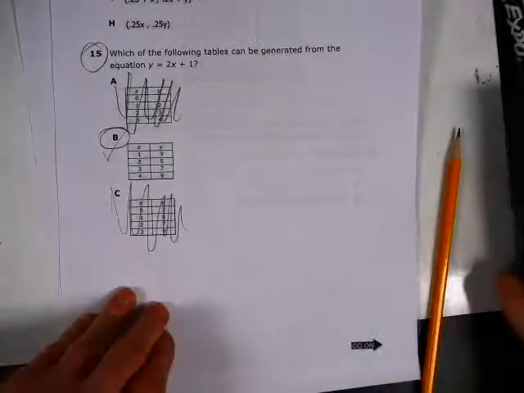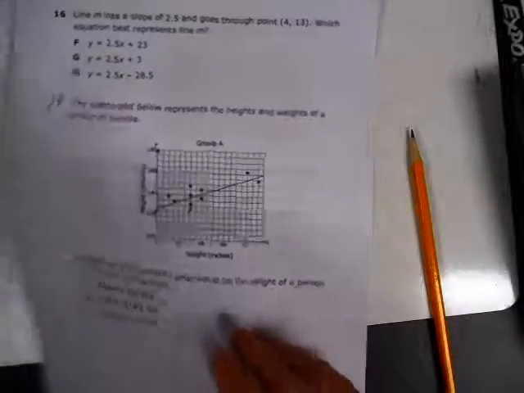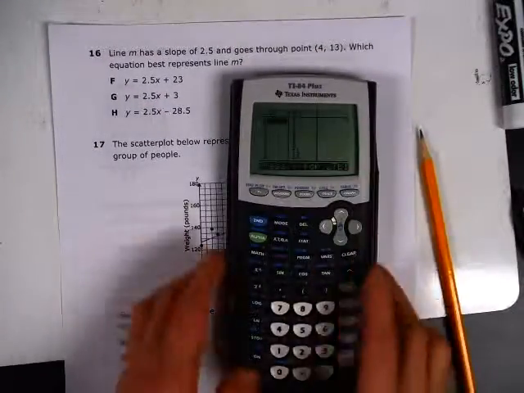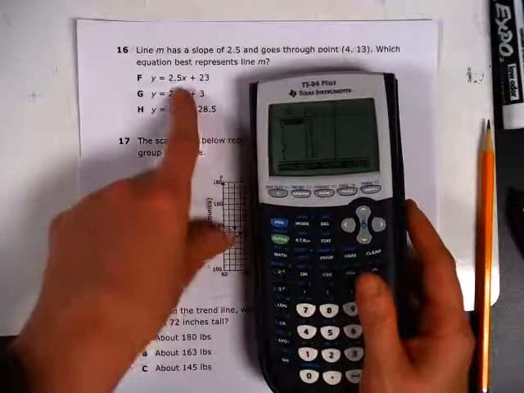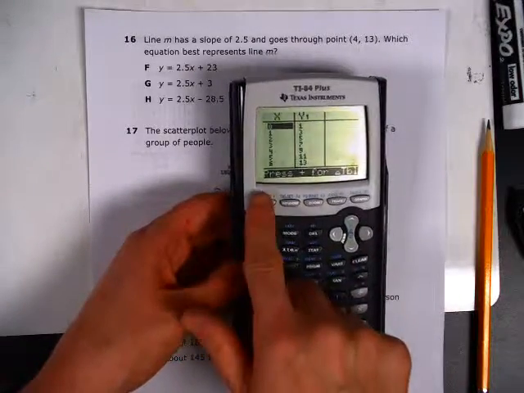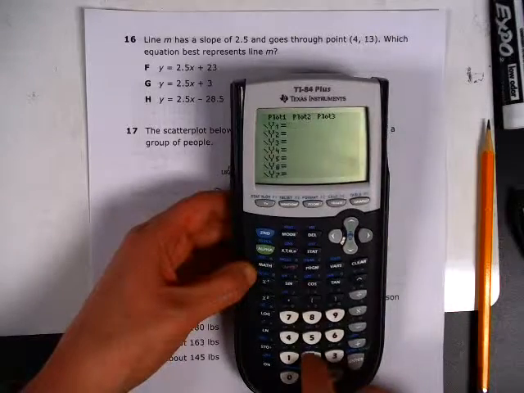There is another one on your test that you can use this same thing on. Same thing goes with this one. It takes a little bit more effort, but you can do it with this one. It's kind of the guess and check method. You can go y equals, clear what's there, and type it in.